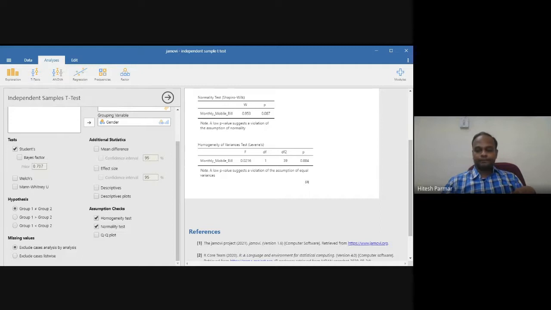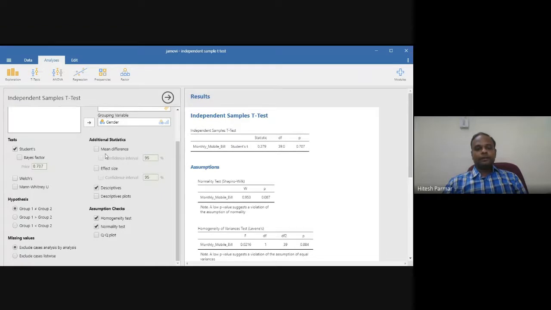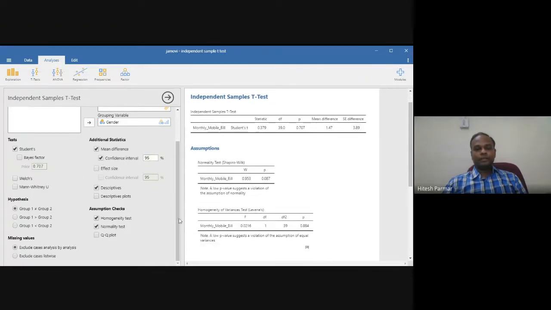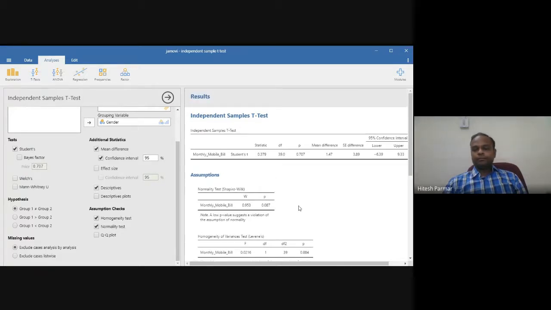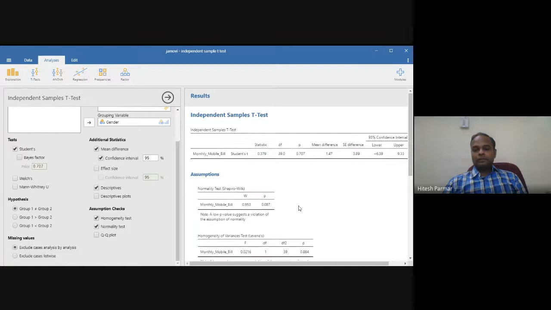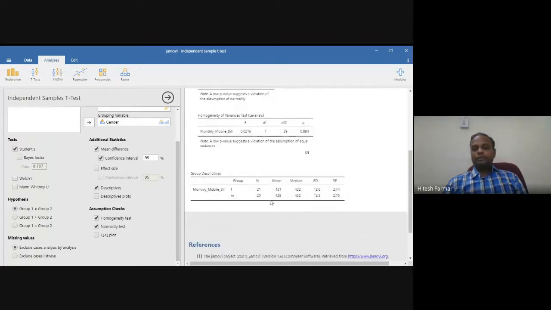Okay. Now let us tick mark descriptives. Let us tick mark mean difference and confidence interval of the difference. Now, the second thing that you need to observe is the group statistics.